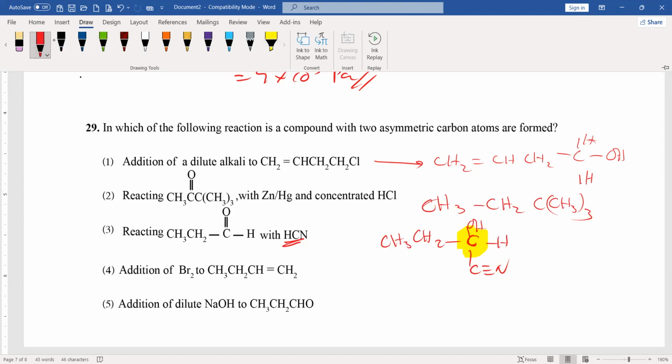When the following reaction is a compound with 2 asymmetric carbons, 2 asymmetric carbons must be there. In this case, we have only 1 asymmetric carbon. Next one, addition of Br2 into this. Even in that case, you will not get such.